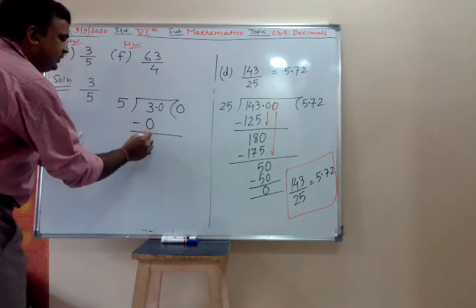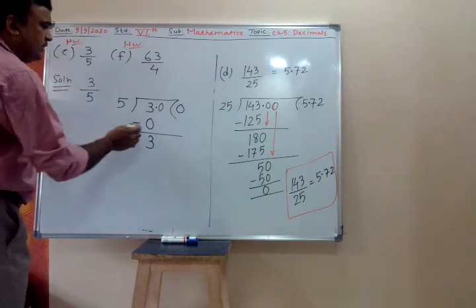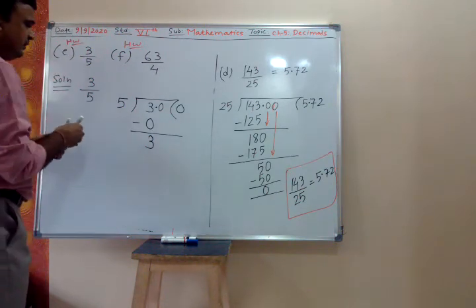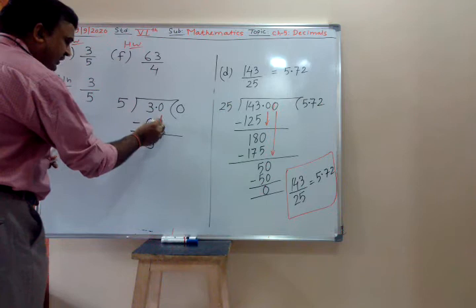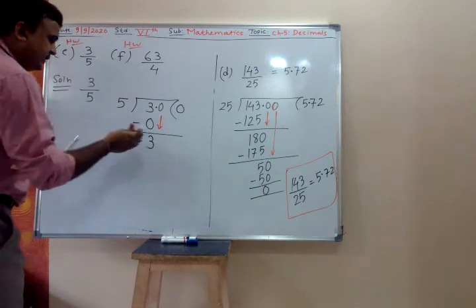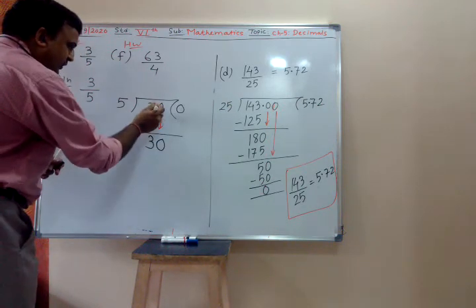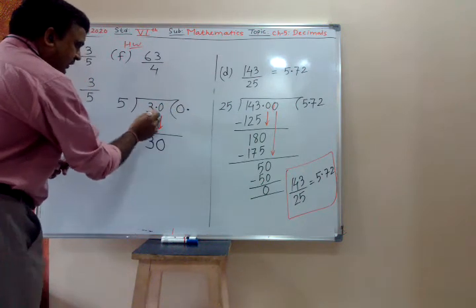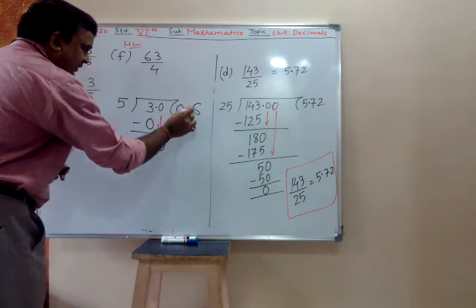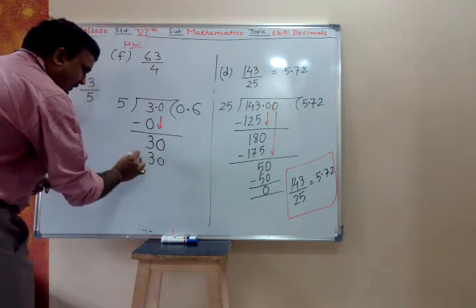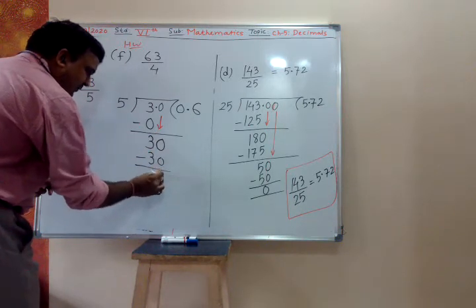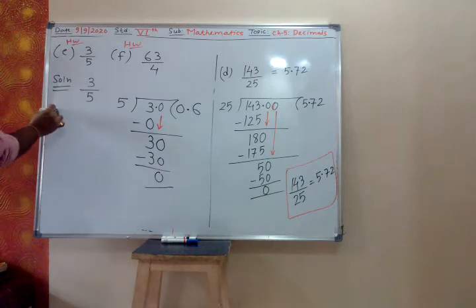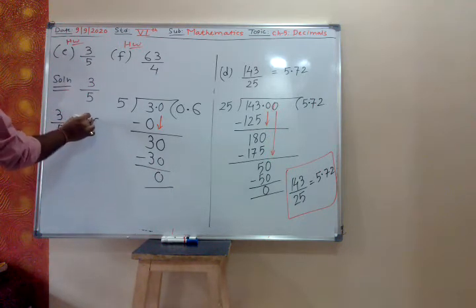So 3 minus 0 is 3. Then 1 0 I will carry. This becomes 30. Then the point is there, so I will write the point. Then it is 30. 5 6s are 30. 30 minus 30 is 0. So 3 divided by 5, the answer is 0.6. Is it clear?